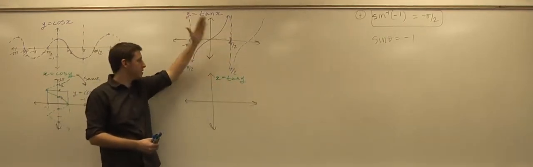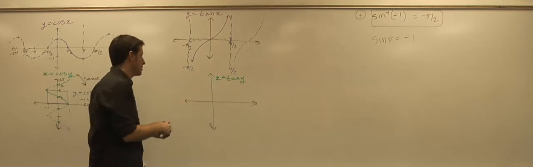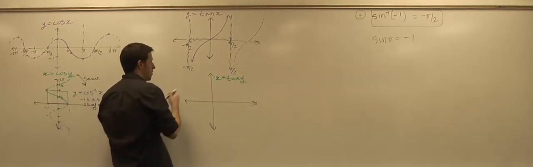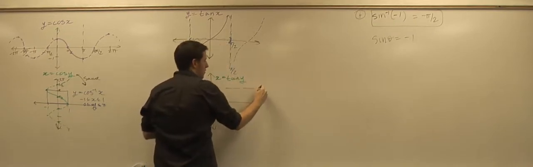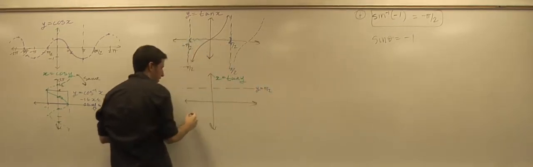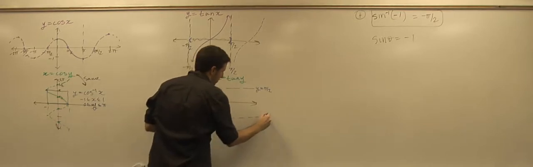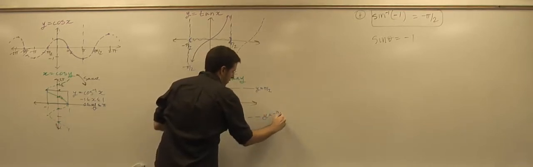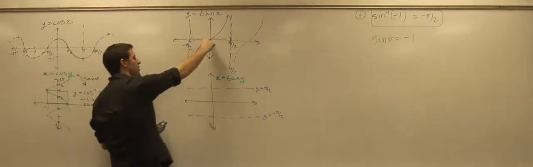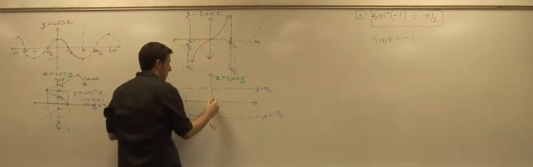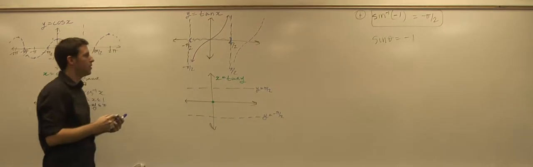Because everything about x switches to y. So I will have a horizontal asymptote at pi over 2. Horizontal asymptote down here. This 0, 0 will flip and stay 0, 0.